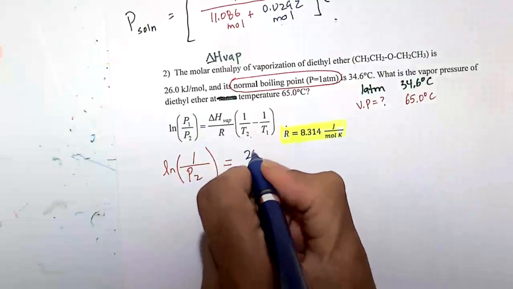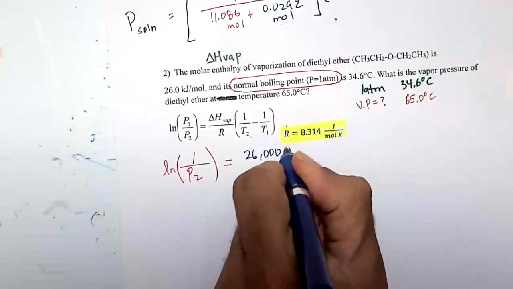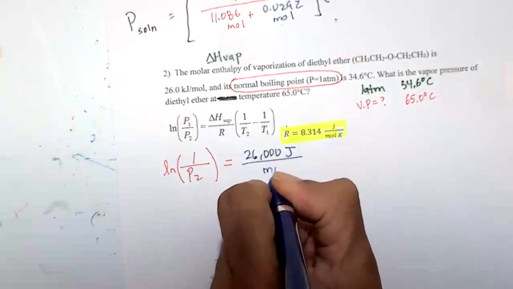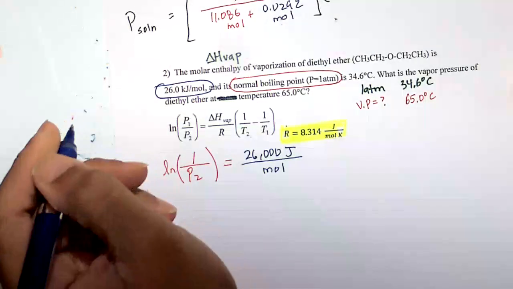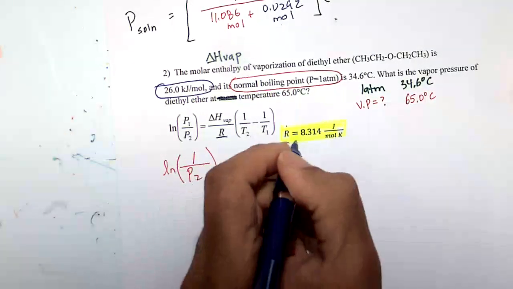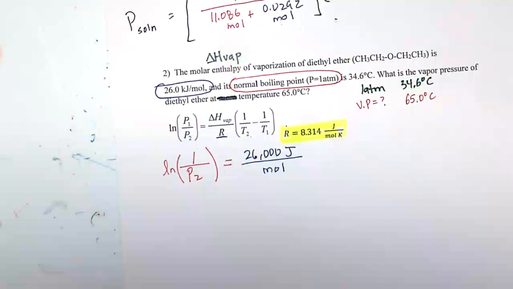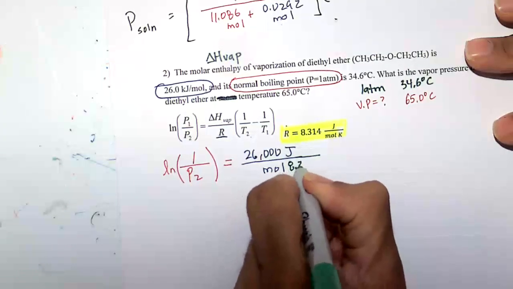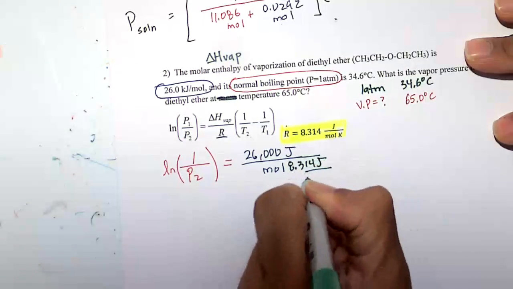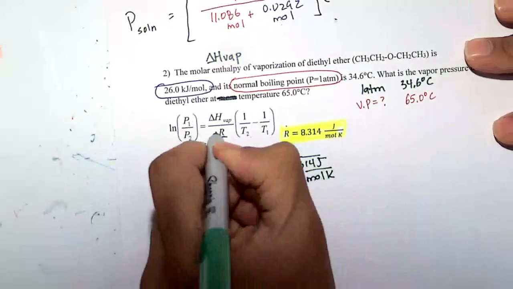So that's going to be 26,000 joules over a mole. This is delta H vaporization. R in the denominator is 8.314 joules over a mole Kelvin. Okay, this is R.